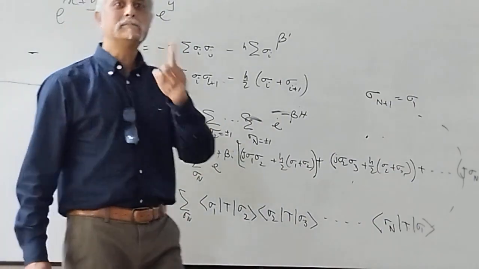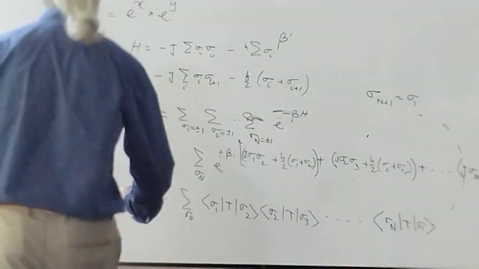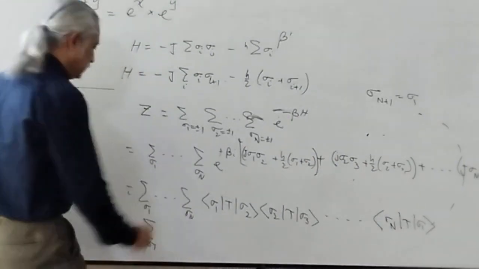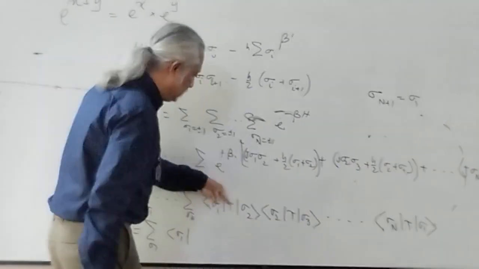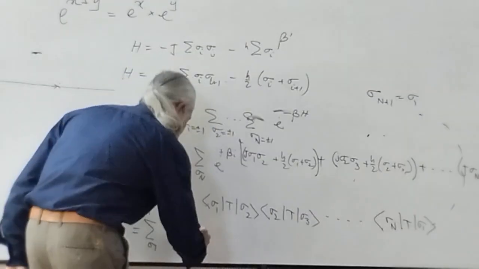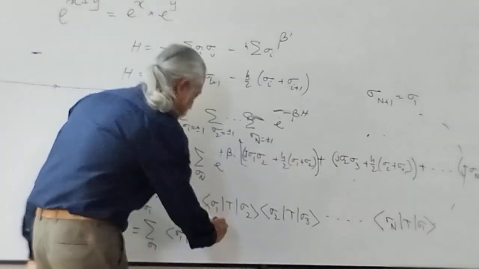The only one sum that will survive is sigma 1. So you write sigma 1, T, all the T's will multiply, you will have T to the power n, and last you have sigma 1.